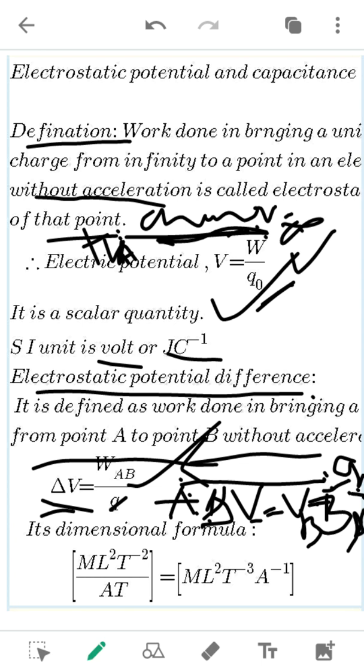Okay. Then what is the dimensional formula? ML squared T raised to minus 2 by AT. That will be ML squared T raised to minus 3 into A raised to minus 1. So this is the dimensional formula for the electrostatic potential difference.